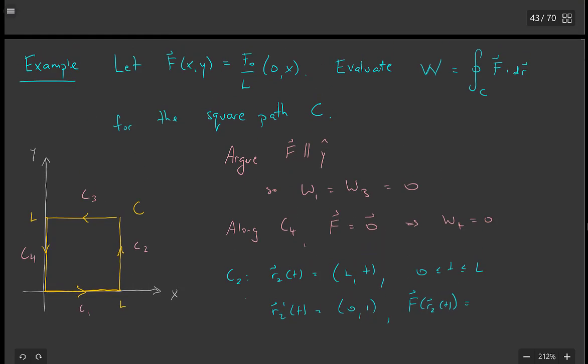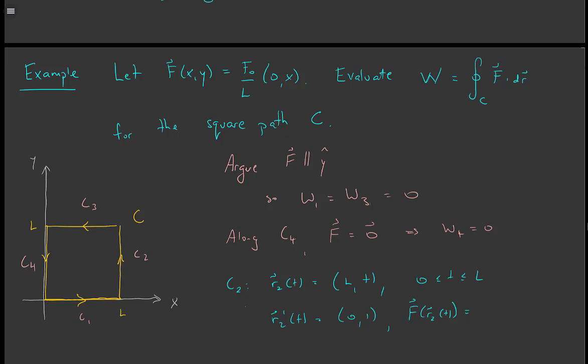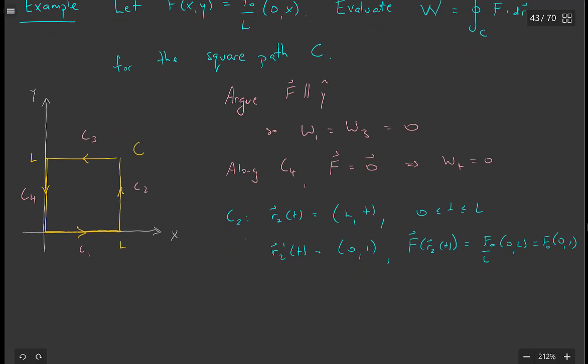We just plug L for x into this, and we get F naught over L times (0, L), so that's just F naught times (0, 1). When we take the dot product of those, we'll just get (0, 1) dotted with (0, 1) times F naught, which just gives us F naught.